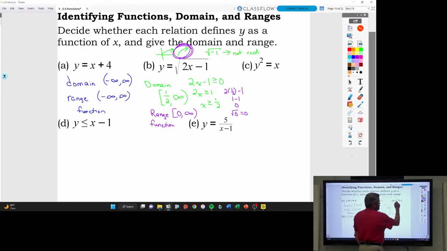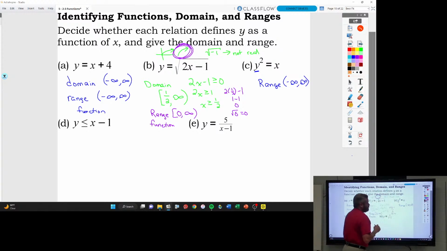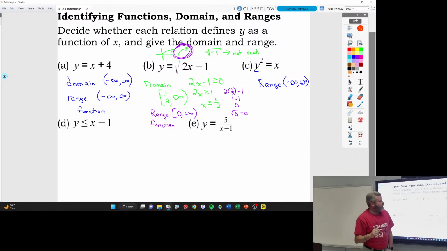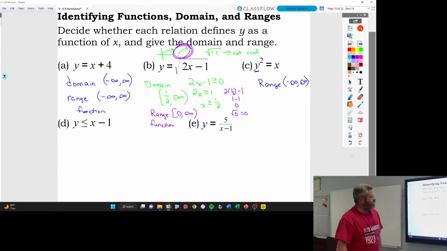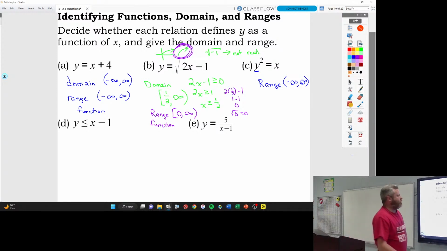y can be anything. So because y can be anything, my range is from negative infinity to infinity. But what can x be? Well, the smallest possible number that you square, 0. If you square 0, you get 0.